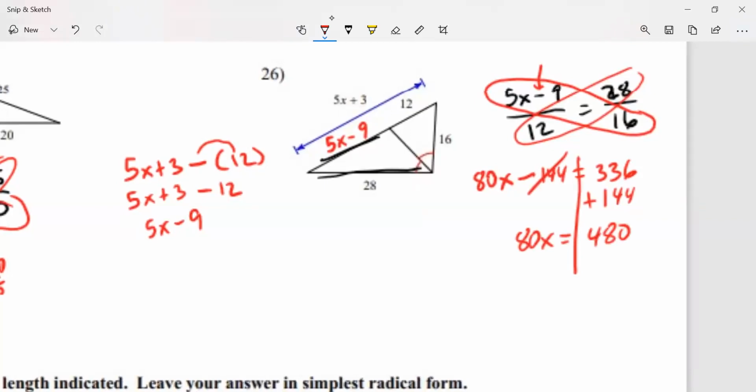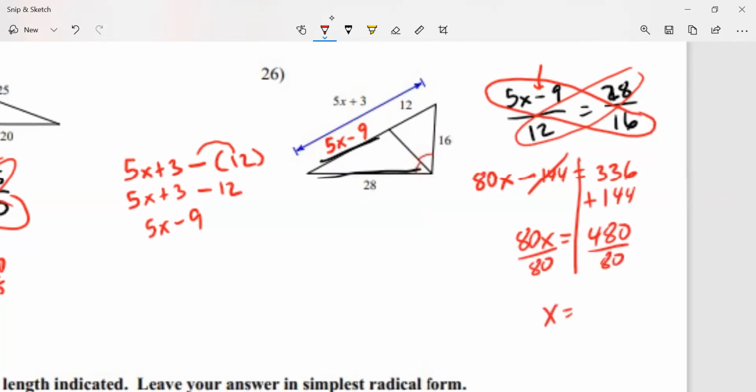Right? 336 plus 144 is 480. Now to get x by itself, let me divide both sides by 80, because that gives me just 1x. 480 divided by 80 happens to be 6. So x is equal to 6.